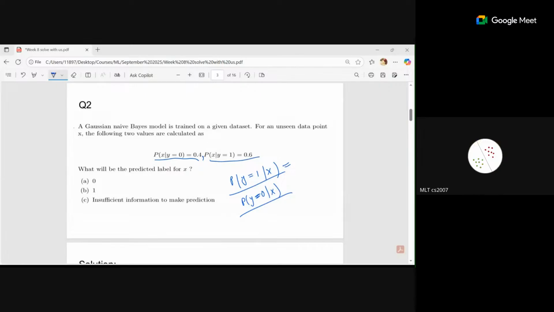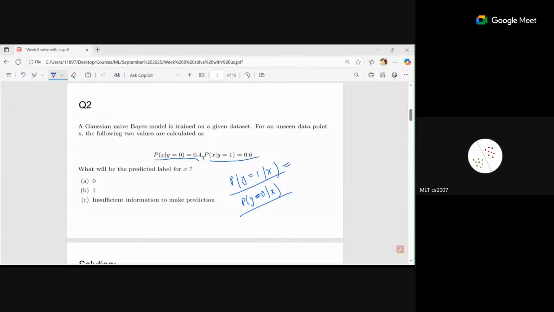Here the only thing we need to know is the probability for y equal to 1 or y equal to 0. Then we can easily say what the prediction is. But in our case, it's not provided. The feature values are already given to us, the probability of x given y equal to 0 and probability of x given y equal to 1.